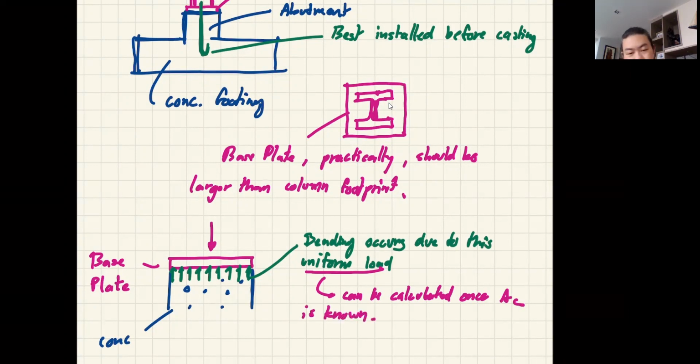So it's a pretty simple step, really. You calculate the area of the concrete to prevent the concrete crushing first. Once you know the area, you can calculate the stress based on the basic formula, force divided by the area. You have the stress, you can use the stress to design your bending. So naturally, if your area is large, it's going to help the plate as well.